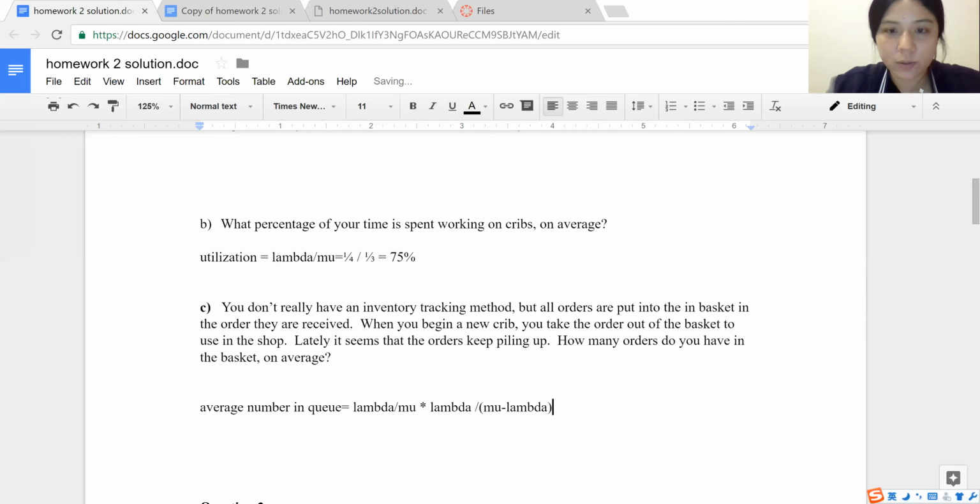Since we know lambda over mu is the utilization and we have already calculated it, it's 0.75.